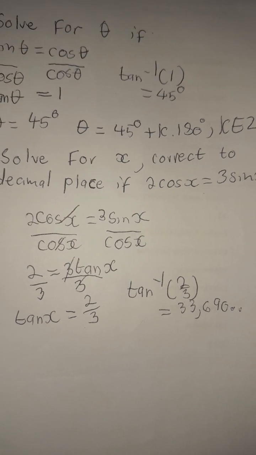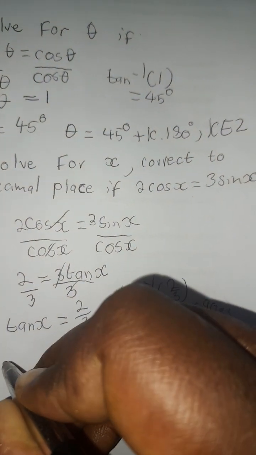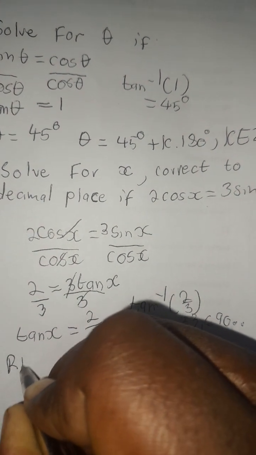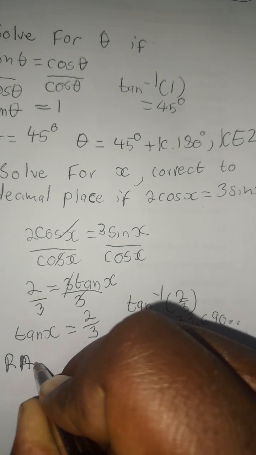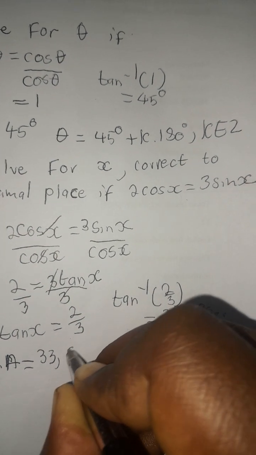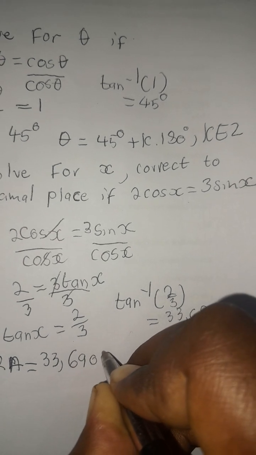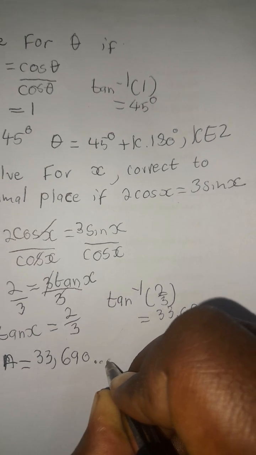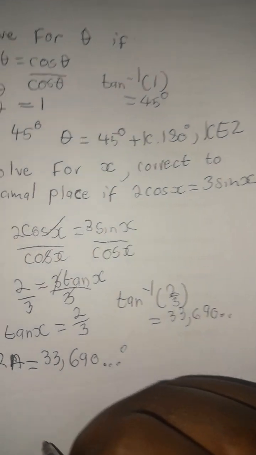So are we done, Mr. Richard? No, we are not. What's next then? We write RA. RA stands for reference angle. So we are going to have 33.690 and so on degrees.